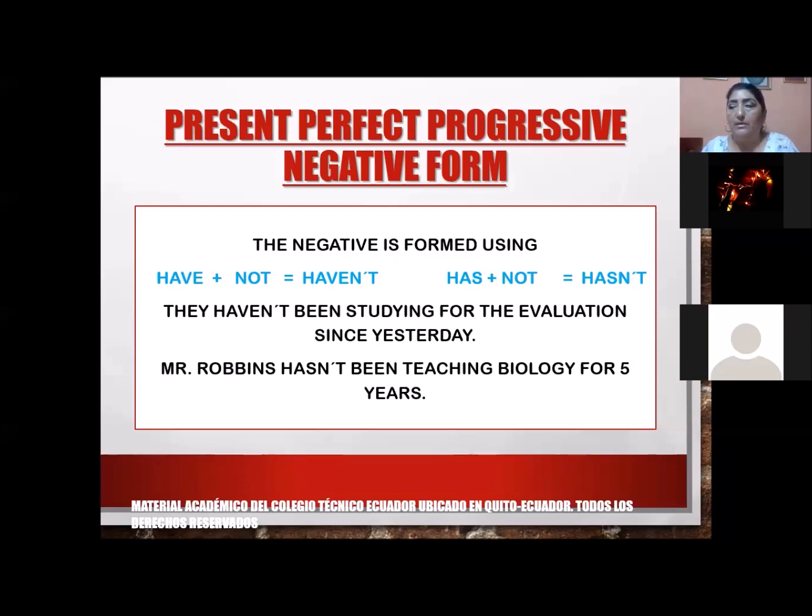The time we have is maybe 14 minutes more, so we have to hurry up a little. The negative form for has, the complete form has not. The contraction hasn't, okay? All the other sentences that we do in affirmative, we can change only using haven't or hasn't.